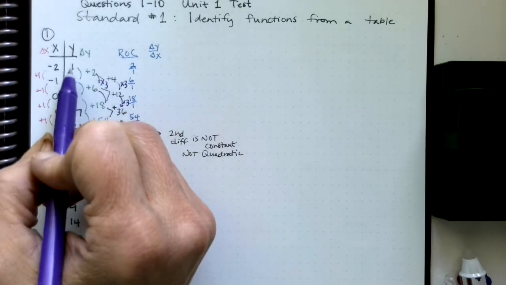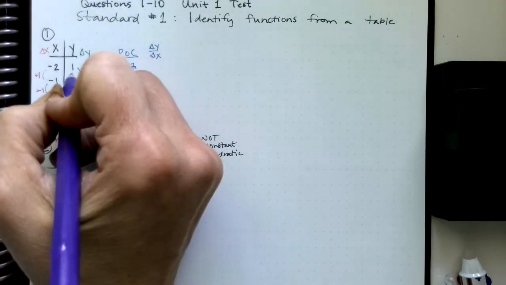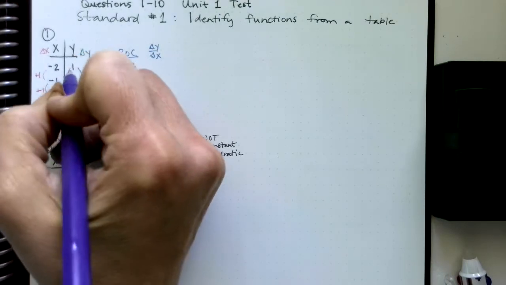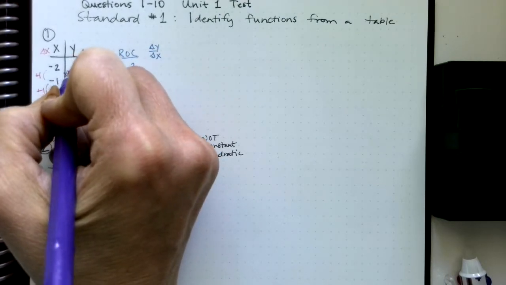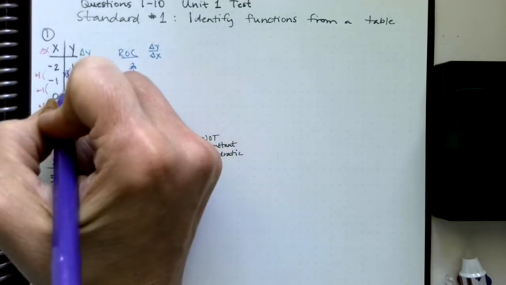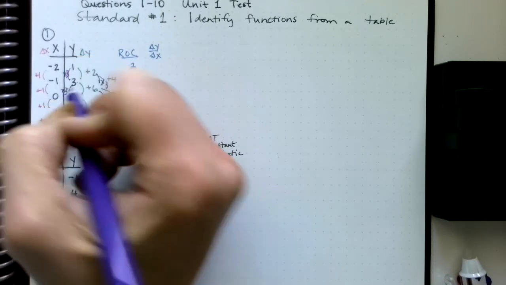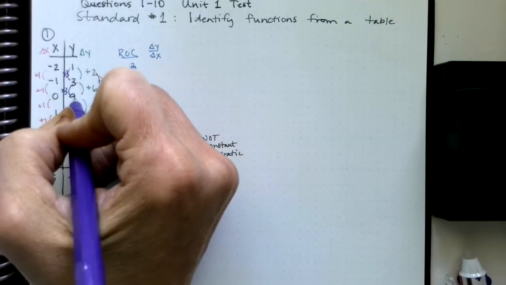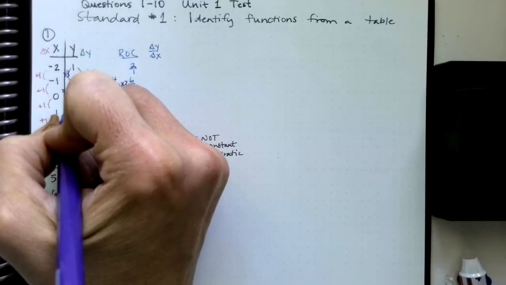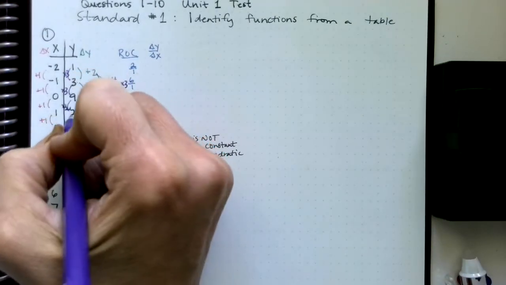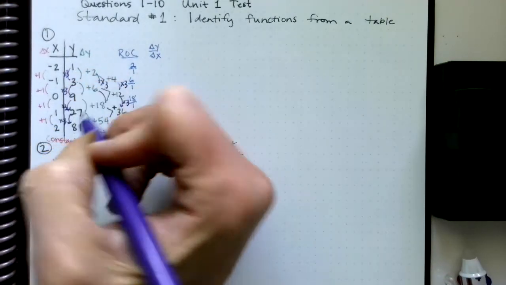And I can also see it in the actual y values. 1 to 3 is multiplied by 3, 3 times 3 is 9, 9 times 3 is 27, and 27 times 3 is 81.